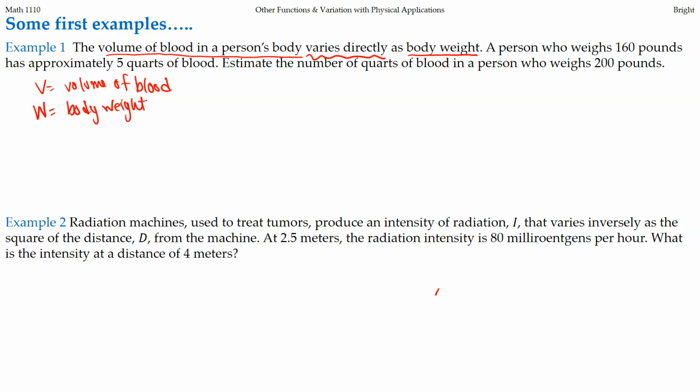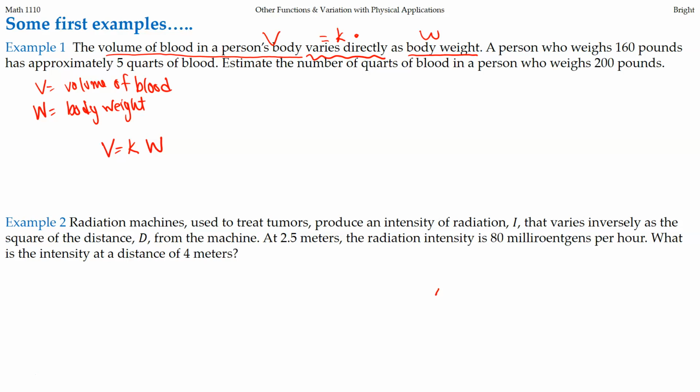And then when I translate this into the mathematics, what I can say is that V is equal to KW. So this language varies directly as, I think of this as equals K times. Okay, so in this case, V is equal to K times W.